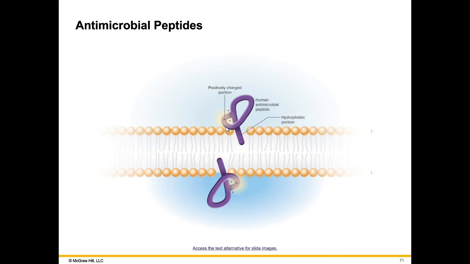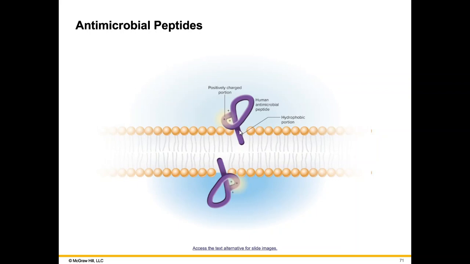Here we see in this picture an example of these antimicrobial peptides. As you can see, it's forming a pore. More specifically, how it works is there are certain areas on this protein that are hydrophobic and certain areas that are positively charged.